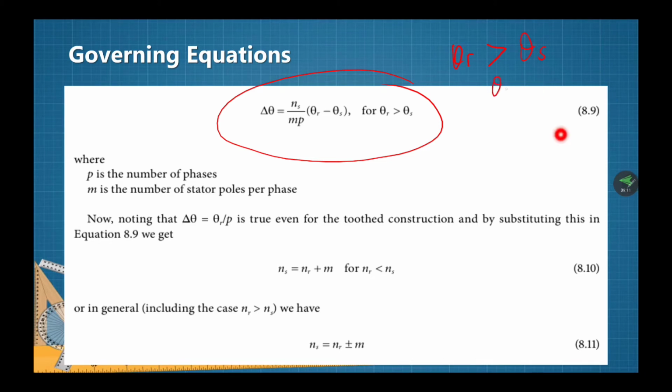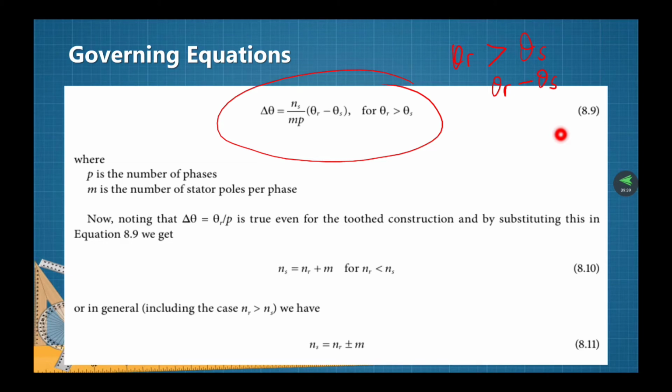So theta r minus theta s is the offset between the rotor and stator tooth pitch, and there are Ns per P rotor teeth in the sector made by two adjacent stator poles.